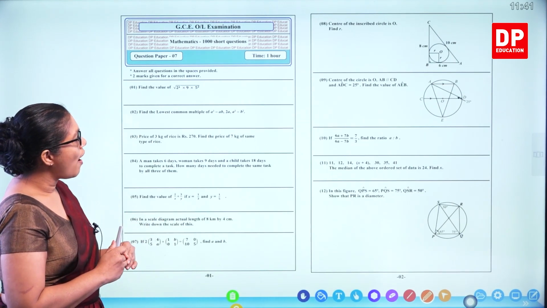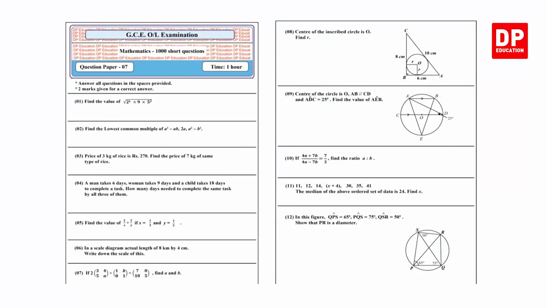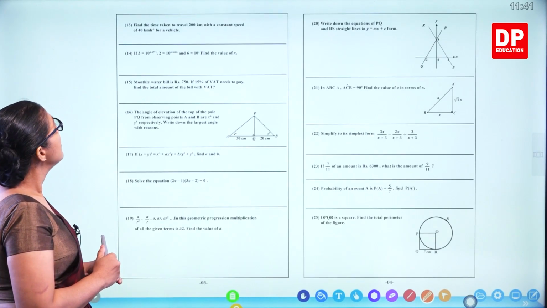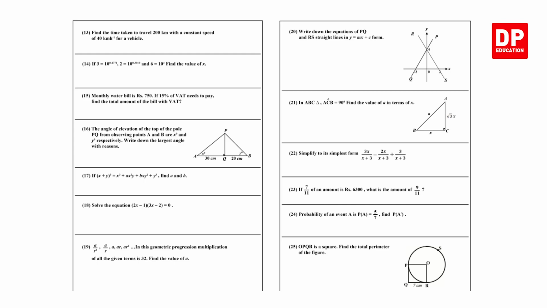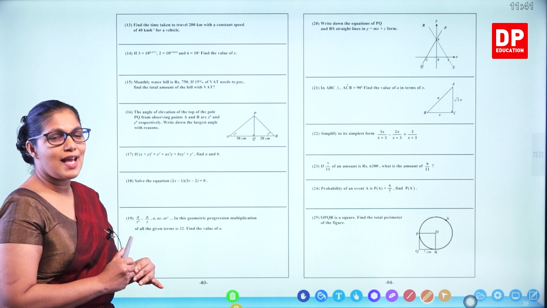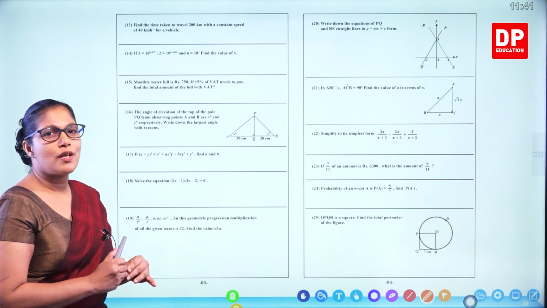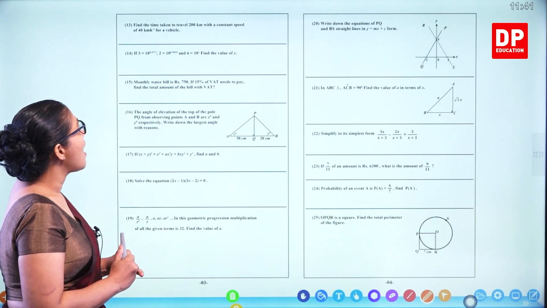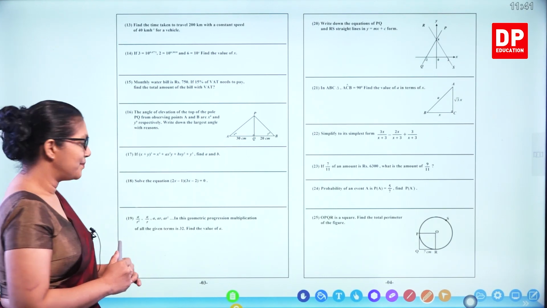So you can try 1 to 12 here on this page and then 13 to 25. So try all 25 questions first and then watch my video to check your answers. So let's start paper 7.